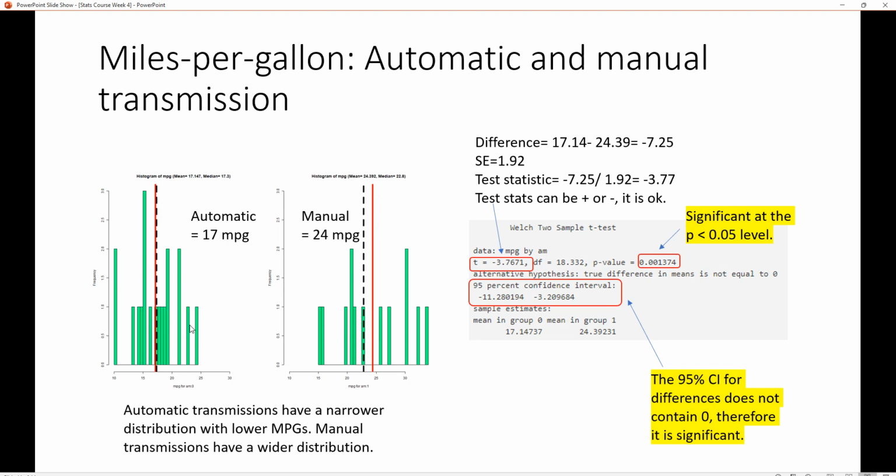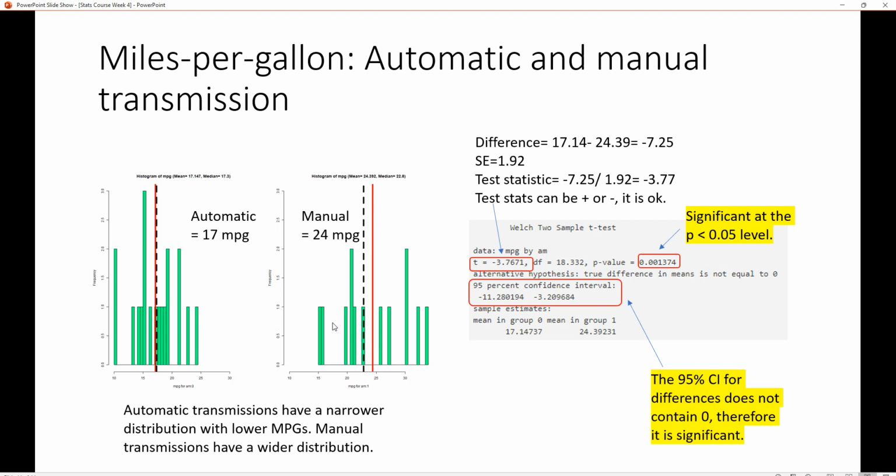So we see more concentrated density, and because of that, we see a higher peak in the density itself. In other words, there are more cars clustering around an MPG value of probably 13 to 17.